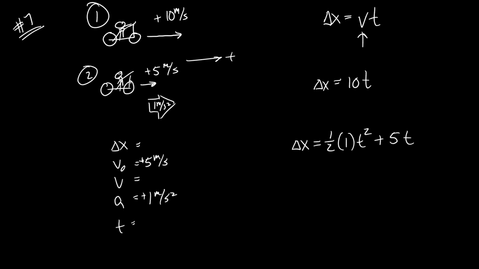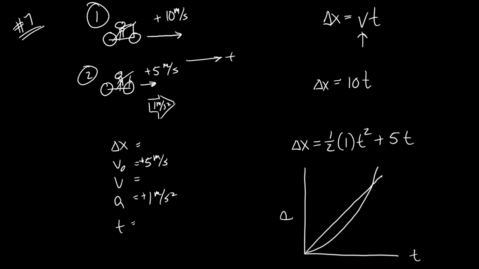Just for fun, if we were to plot this in a hastily drawn position versus time graph, cyclist 1, cyclist 2, there will be a point here where they will be at the same place at the same time. In fact, just like in the last problem, which means you've now seen this twice, the same exact kind of thing.